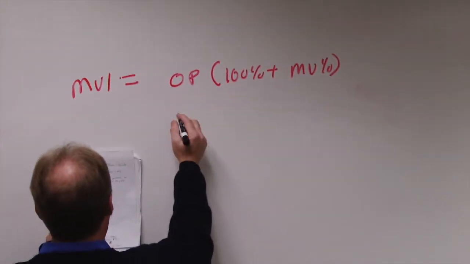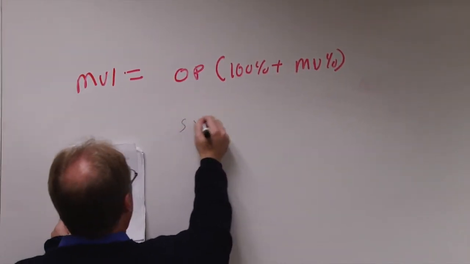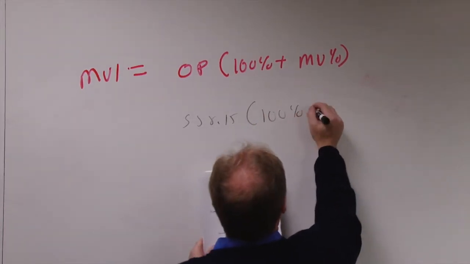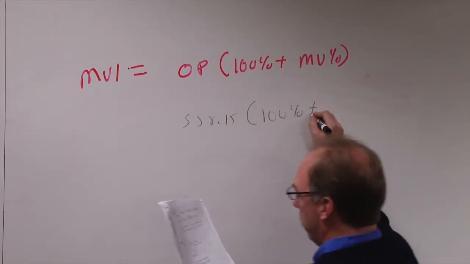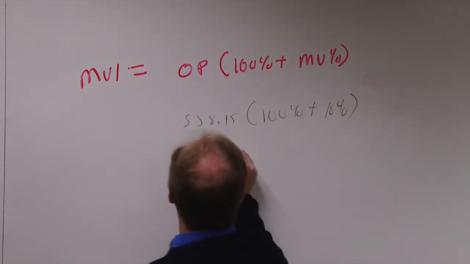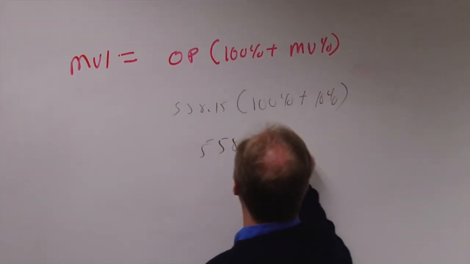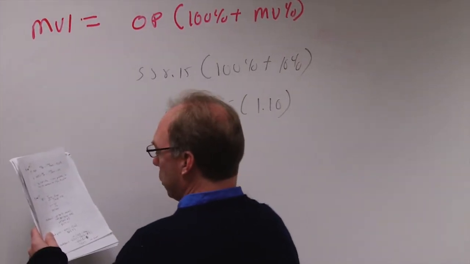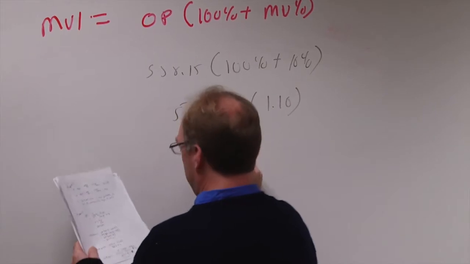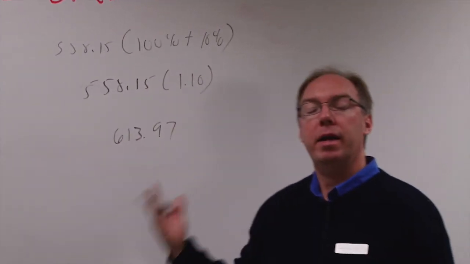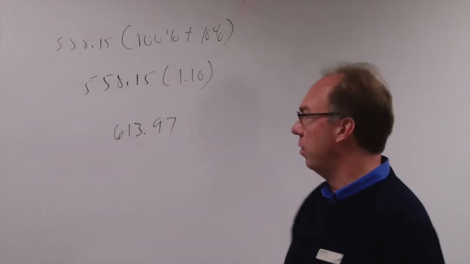So this is going to be $558.15, 100% plus the markup percentage of 10%, easy for me to say. This becomes $558.15 times 1.10. And so our final cost after the first markup is $613.97. Okay, as you can see in the problem, we still have a little bit of a way to go.